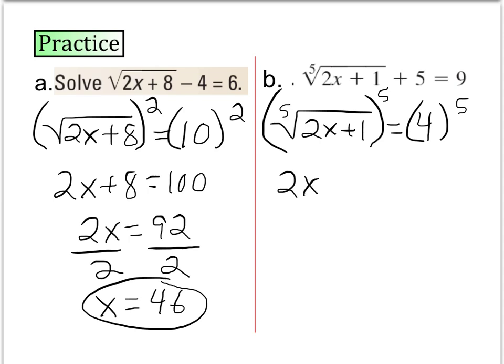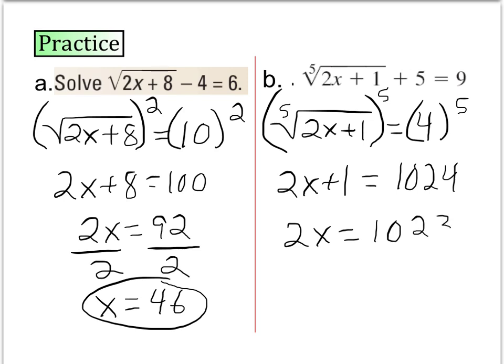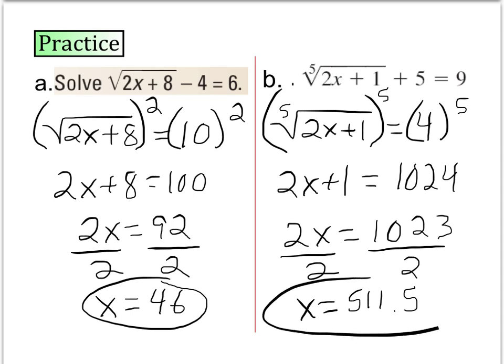When I do that, I end up with 2x plus 1 equals 1024. So I want to subtract 1 from both sides and divide both sides by 2. So I get x equals 511.5.